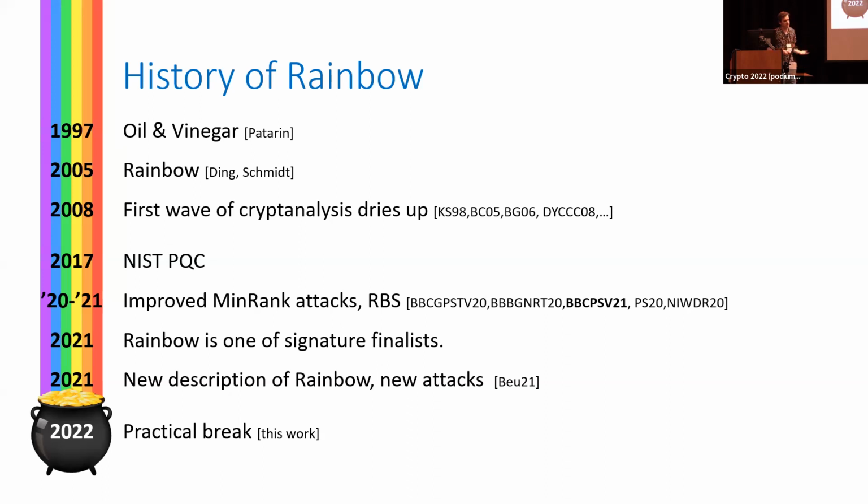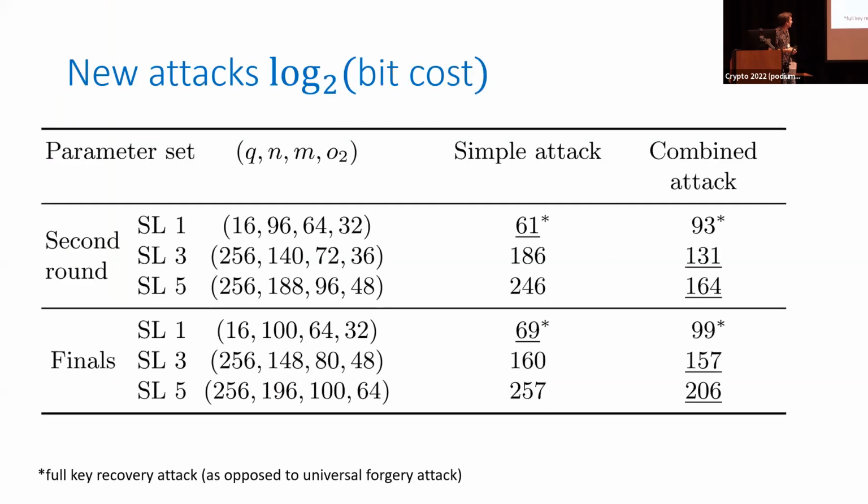But then in this work, I found a much more efficient attack that can actually break the security level 1 parameters in practice. This is a table with the estimated bit costs of the attack. As you can see, for the security level 1 parameters of the second round, the number of gates to do the attack is roughly 2^61, which translates to one weekend on a laptop, which is where the title of the paper comes from.